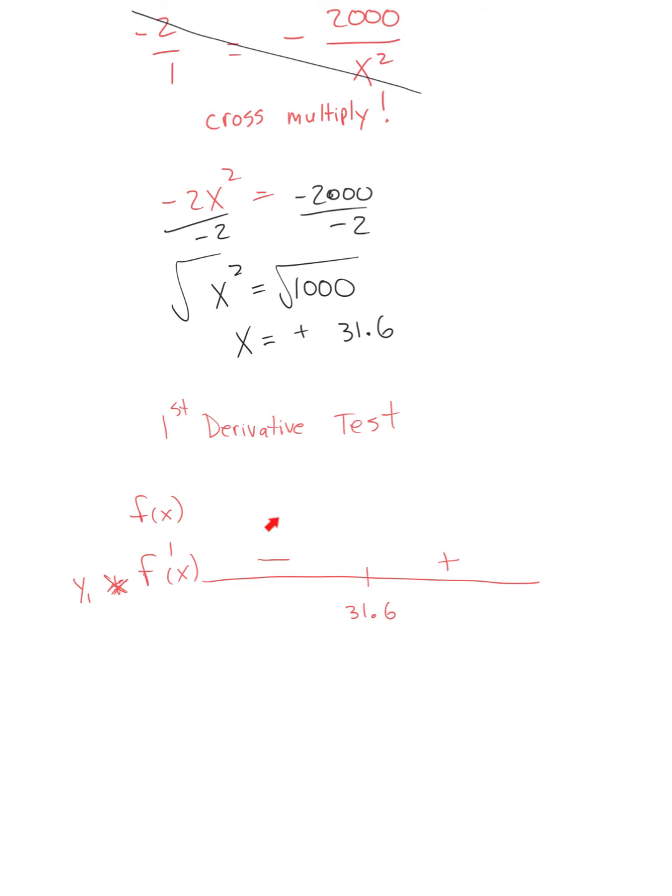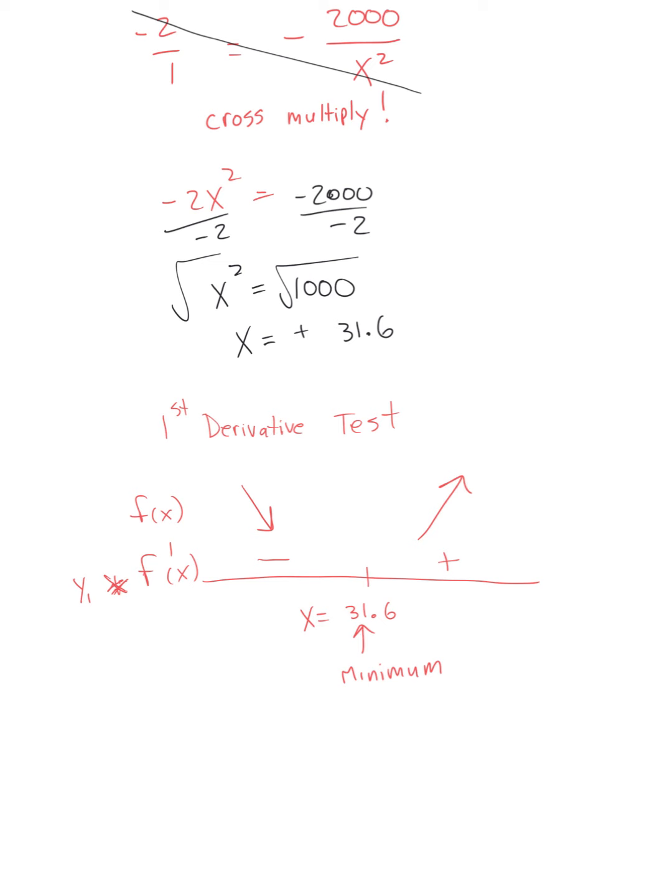We are decreasing here because our derivative is negative. We are increasing here. So we have just proved that this is a minimum. And that's what we need. You have to prove using the first derivative test that your x-intercept, your critical point, is what you need, a max or a min.